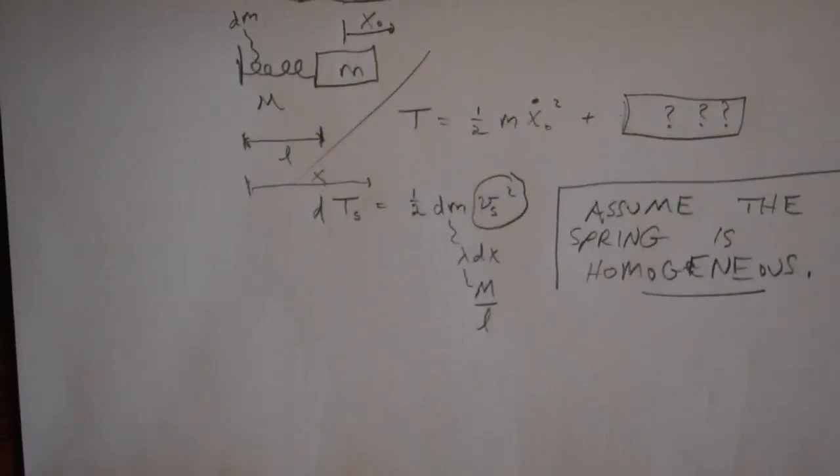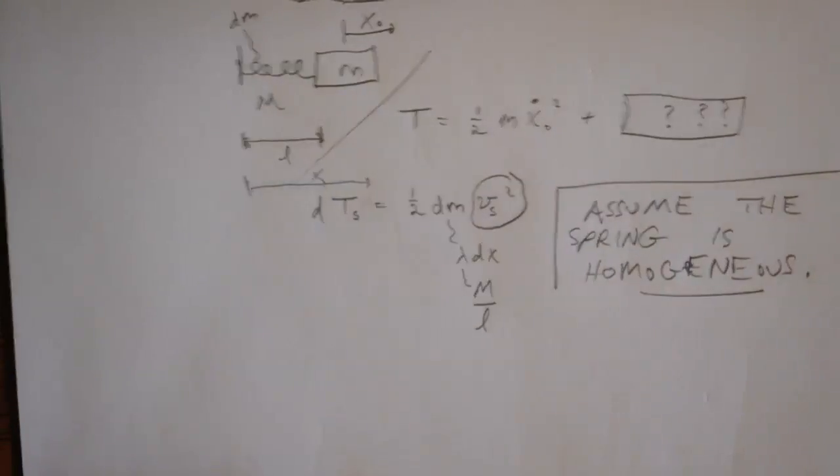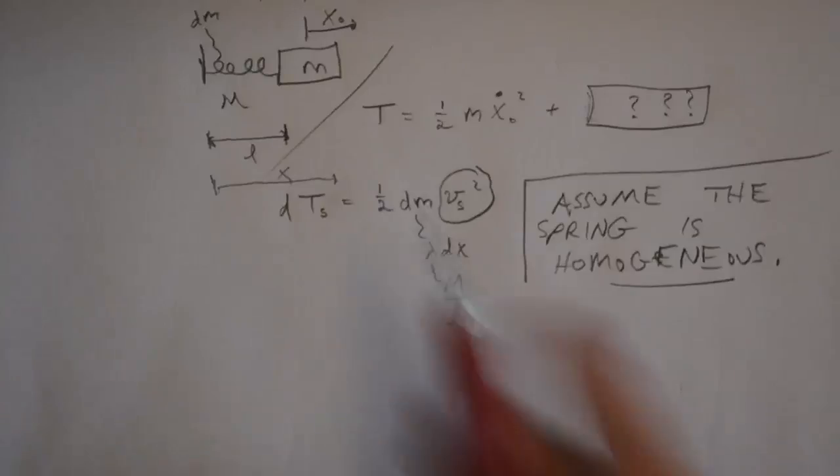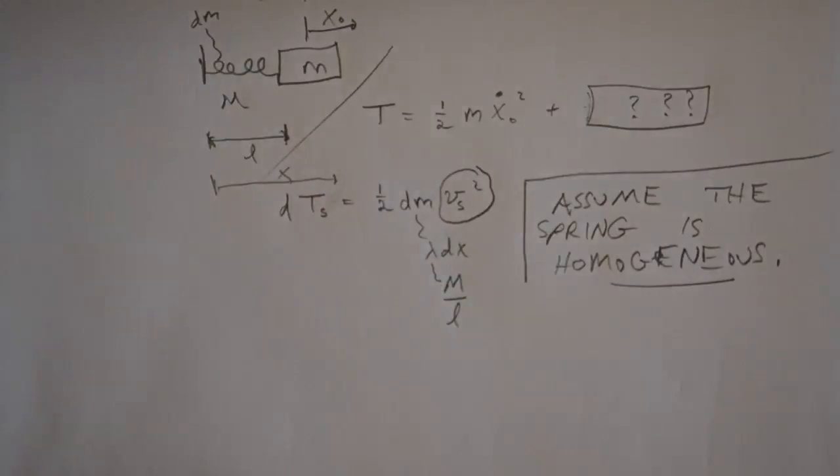So in this case, we have our mass at the end of the spring, and it's going to be oscillating sinusoidally. Moreover, the entire spring is going to be oscillating sinusoidally.